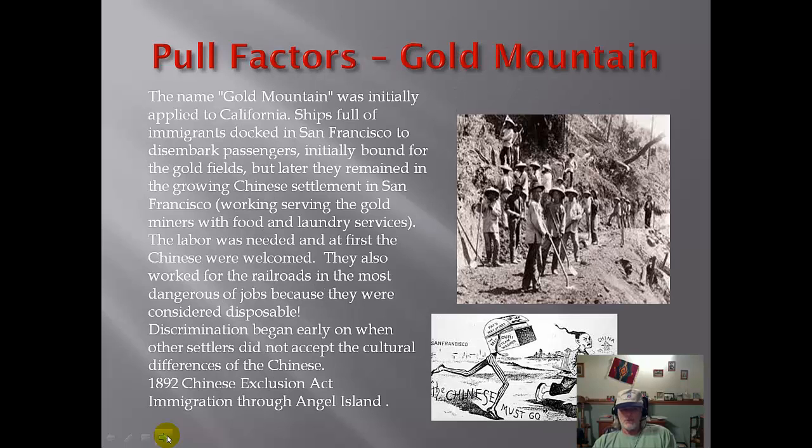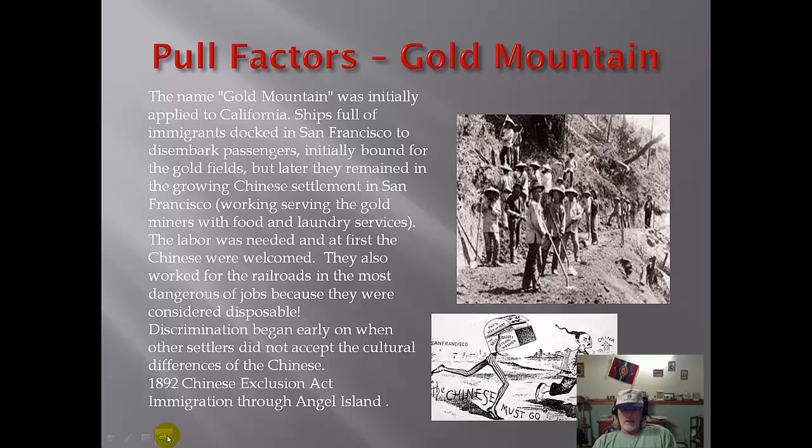Some pull factors: gold, especially out in California. Immigrants came to San Francisco looking for the gold fields. Again, a get-rich-quick scheme. Many of these really worked serving the gold miners with different services, as I mentioned here, food and laundry services. At first labor was needed, and the Chinese were welcome, especially on the transcontinental railroads, because those were very dangerous jobs, and immigrants were considered disposable.